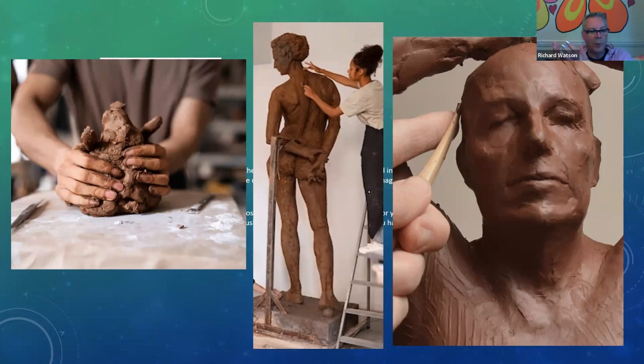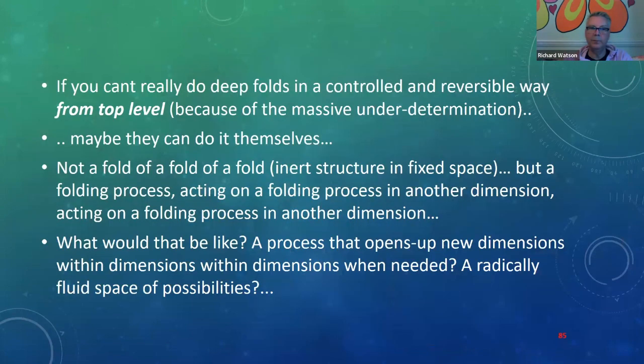In other words, we want the system to be autonomous in a deep way and not just a superficial model, even if it does have a lot of detail. If you can't really do deep folds in a controlled and reversible way by pushing on the top level because of the massive underdetermination of the internal structure, maybe they can do it for themselves.